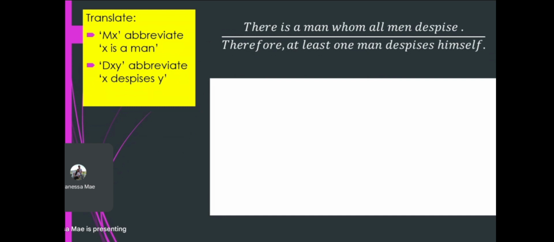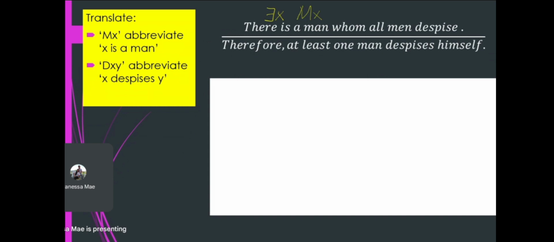To symbolize our argument, please understand it word by word. There is means there exists, so we will use the existential quantifier. There exists x, representing a man, x is a man, so mx.